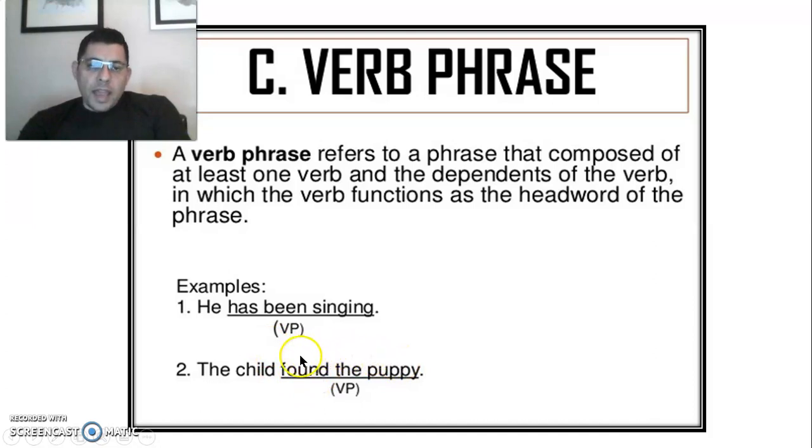So therefore I have here one verb phrase, found the puppy, and inside of this verb phrase I have this phrase, which is what? A noun phrase, exactly, because it's a noun. So in this sentence I have one verb phrase, and inside of this verb phrase I have this noun phrase.